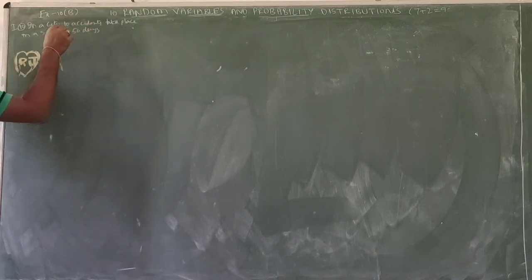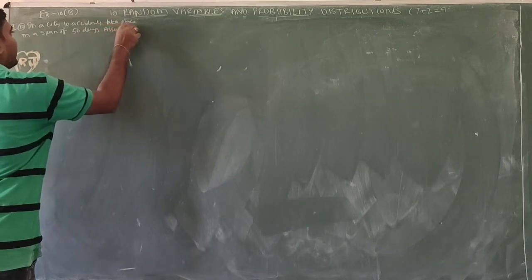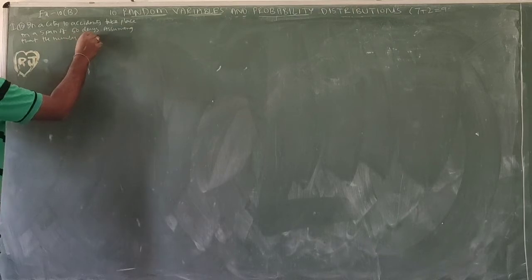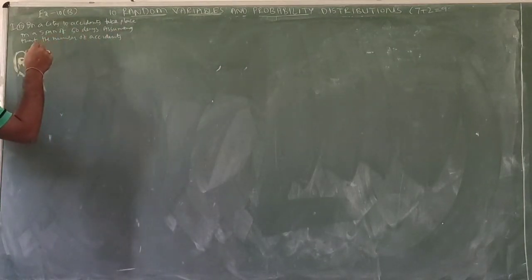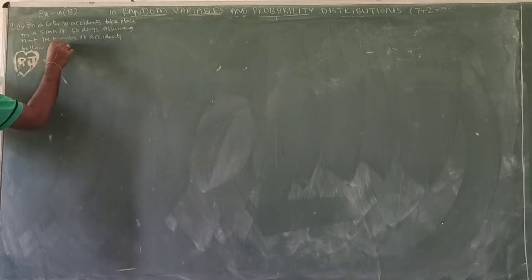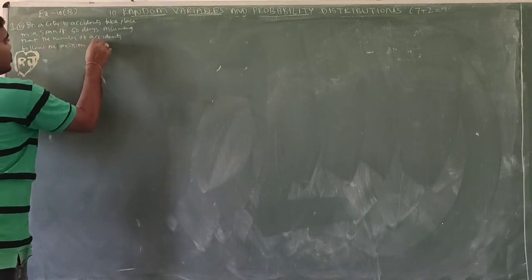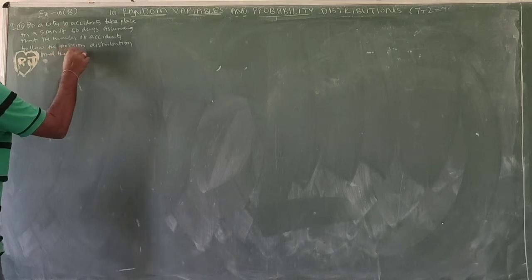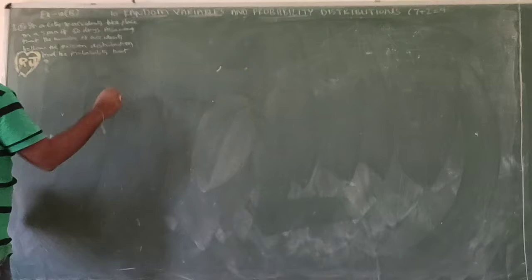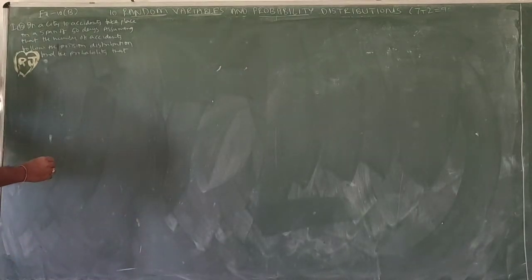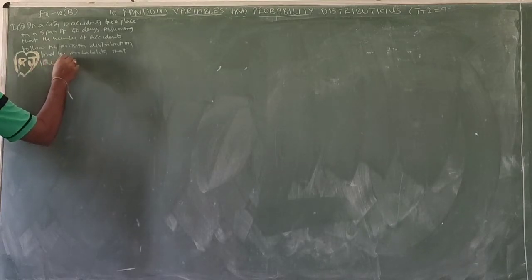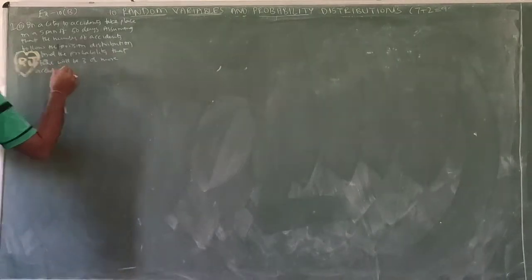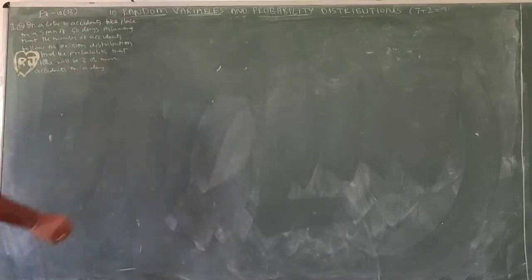Assuming that the number of accidents follows the Poisson distribution, find the probability that there will be 3 or more accidents in a day.